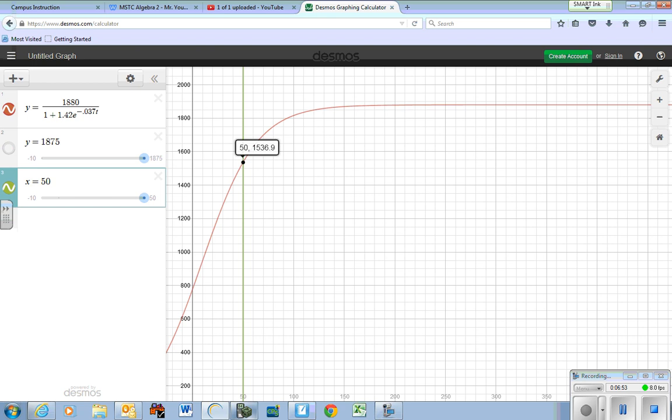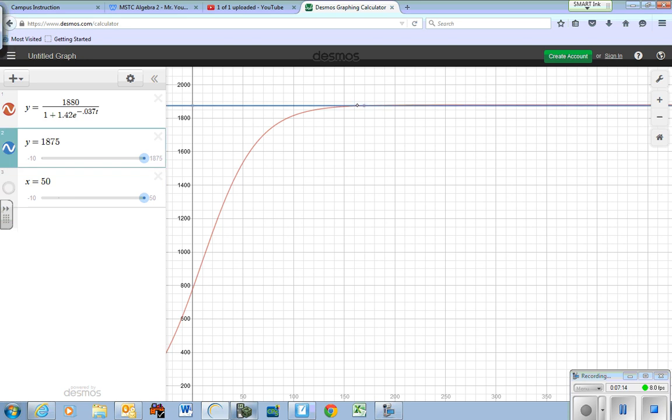That's a value that you're going to use in your calculator, whether you're typing it in or graphing it and plugging in 50. They could also say at what point will the population, how long will it take for the population to reach a certain amount? So that's what I've graphed here. Y equals 1875. When is that going to happen? Well, the intersection of those 2 points is right there at basically 170 years.